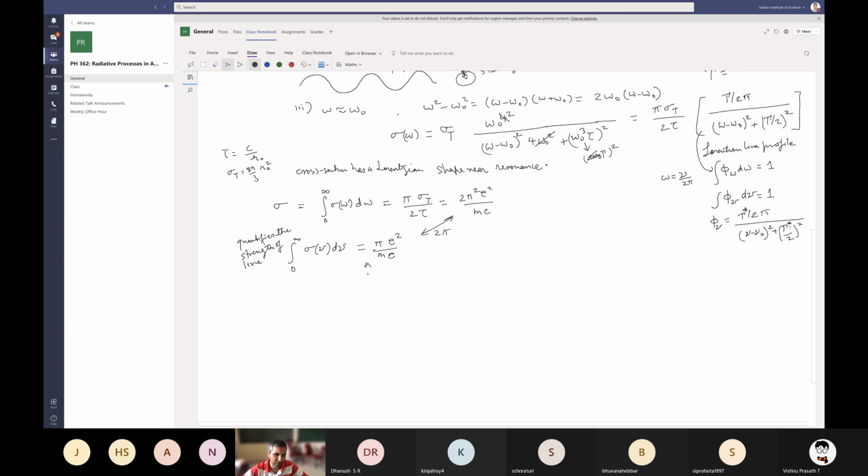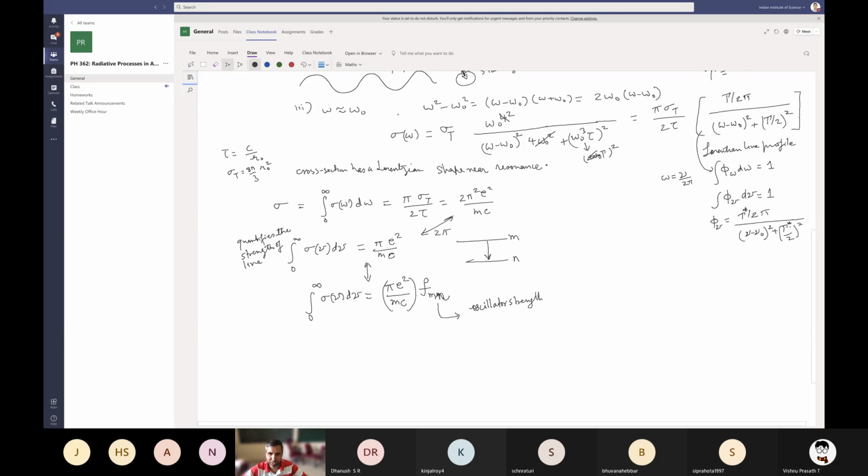Sometimes people use this for more than just a simple line. You can generalize this for all lines and include some correction here. Suppose you have some energy level M and some energy level N and there is a transition. You have this prefactor which is exactly the same as in the simple harmonic calculation we did, but you also have this factor called the oscillator strength.